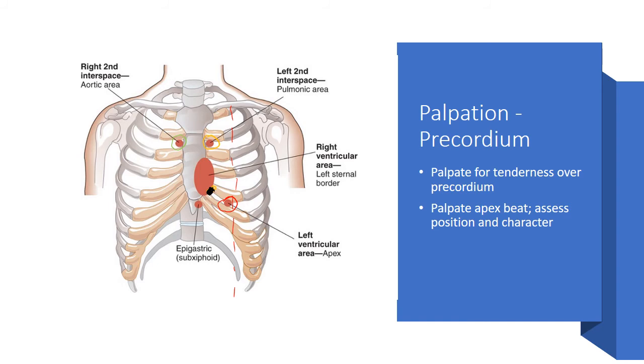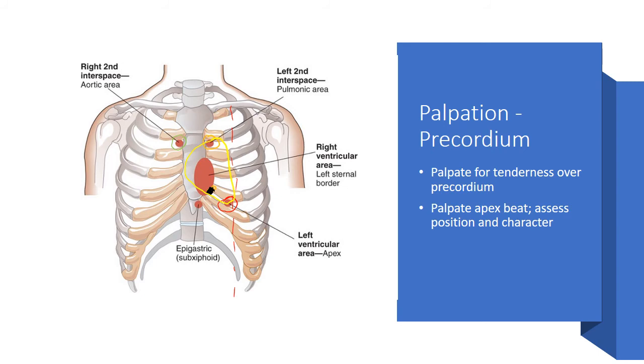Different textbooks might say 6th or even 4th. I usually go for somewhere in the middle with the 5th intercostal space. The point of this being that we can draw our heart roughly in here. So we have our apex of the heart supposed to line up with our 5th intercostal space left midclavicular line.